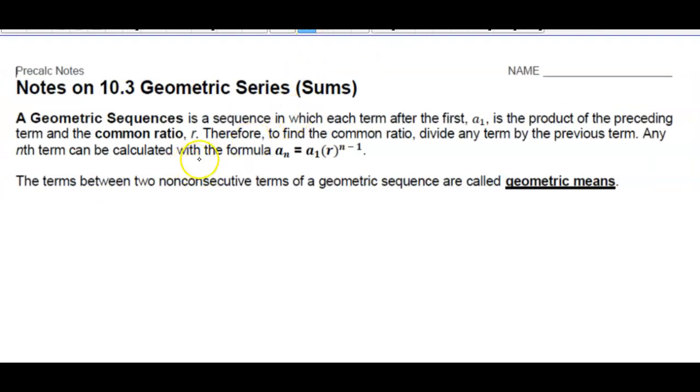Okay. So it says each term after the first is a product of the preceding term and some common ratio. Therefore, to find the common ratio, divide any term by the previous term. The nth term can be calculated by, and this is our explicit form, a sub n equals a sub 1 times r to the n minus 1.